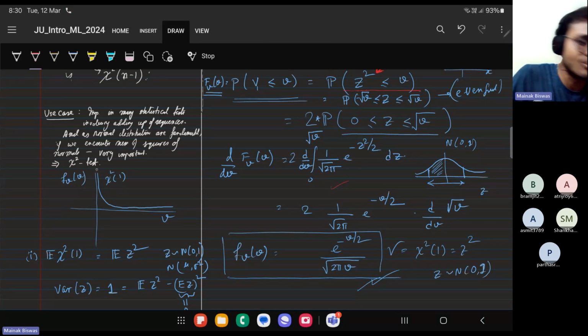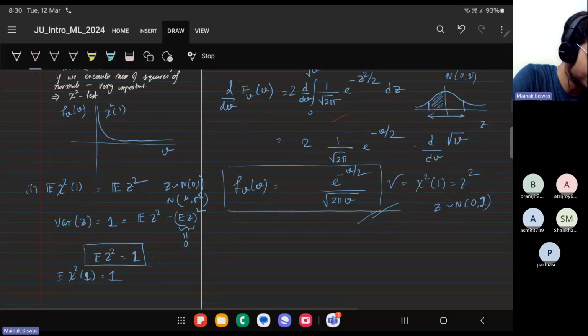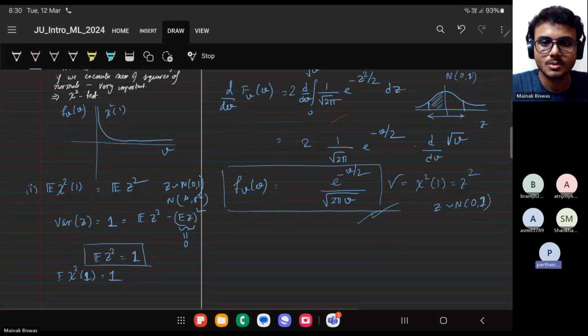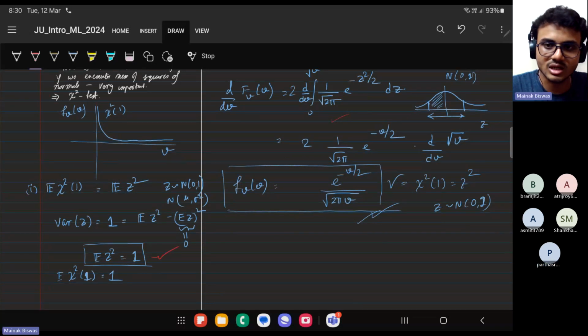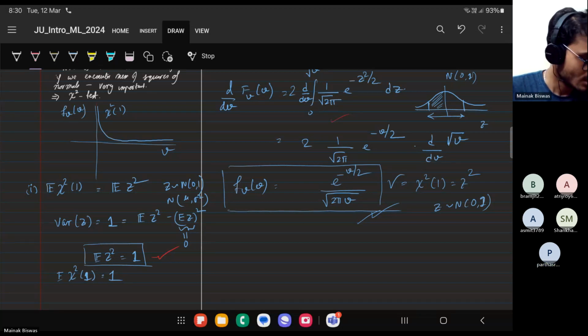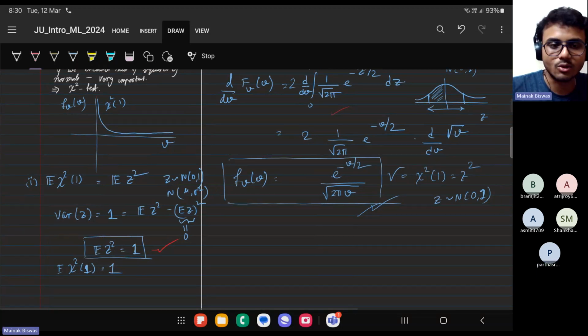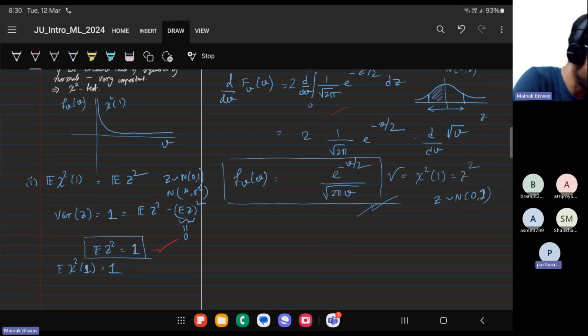At 0 it's not defined, but it goes asymptotically to 0. I used the Newton-Leibniz formula. So the expected value of chi-square 1 is 1. Now, if you are following my classes till today, what is the expected value of chi-square n?